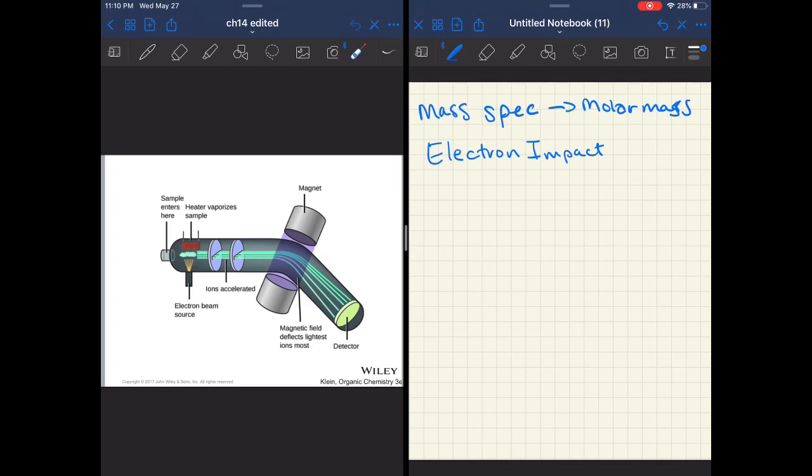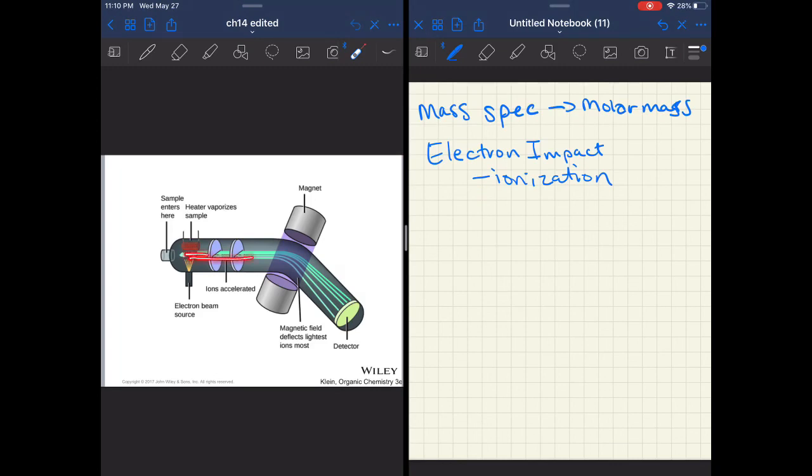We take a beam of high energy electrons and just bombard your sample. This causes ionization. When those electrons hit your sample, it allows for another electron to pop off, and you wind up with a +1 ion. Sometimes that also leads to fragmentation, which we'll talk about later.